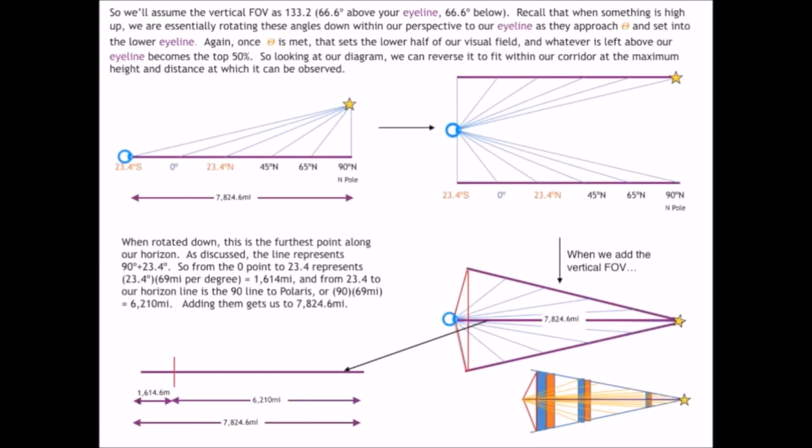As you can see on the lower left, we've kind of outlined how those distance relationships work themselves out. The red line represents that vertical line dropped from that 6.6 degree triangle along 23.4 degrees, dropping it down perpendicular to the eye line.